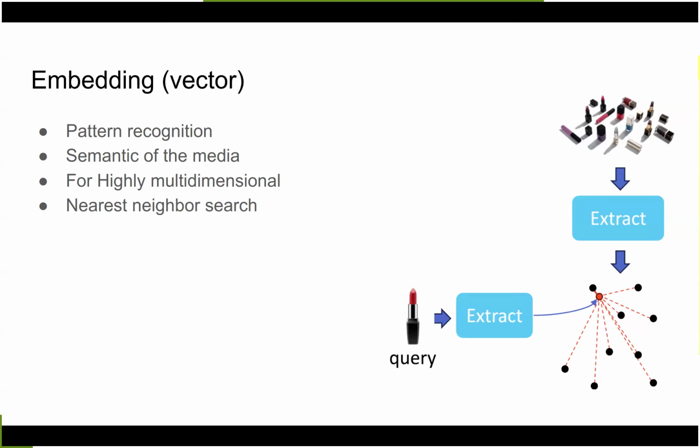But here, because we don't have an intrinsic sortable attribute in our vector, it's not easy at all to create a B-tree. In a B-tree, we have only one-dimensional data, and we simply sort it, and based on the comparison between two attributes, we can place it in the B-tree and traverse the path. But in a vector database, it's hard to create something similar to a B-tree. Does it make sense at all, what I'm saying?